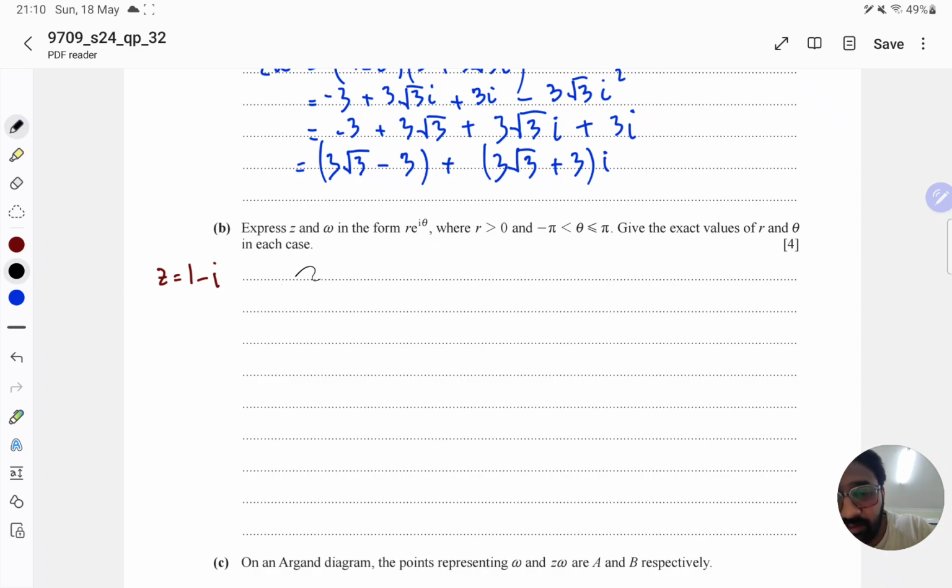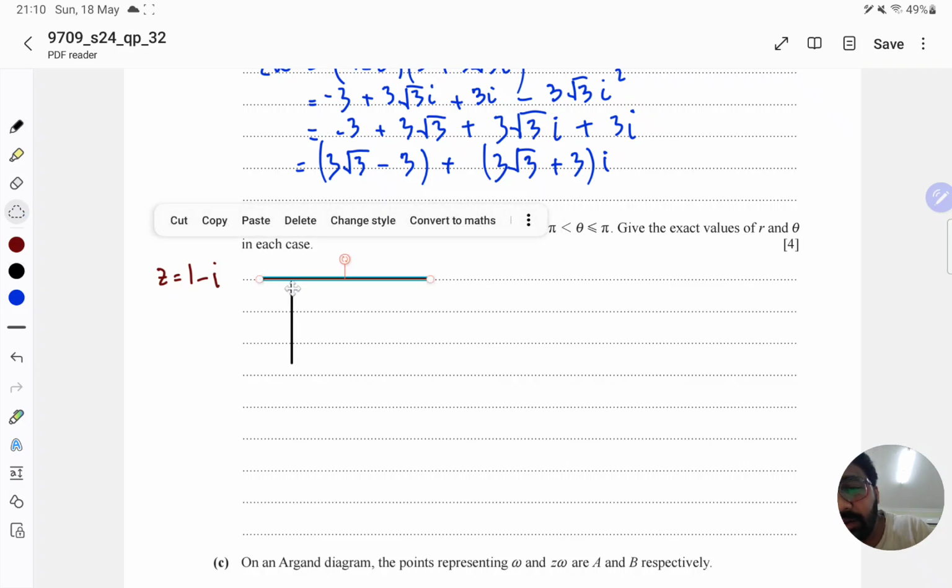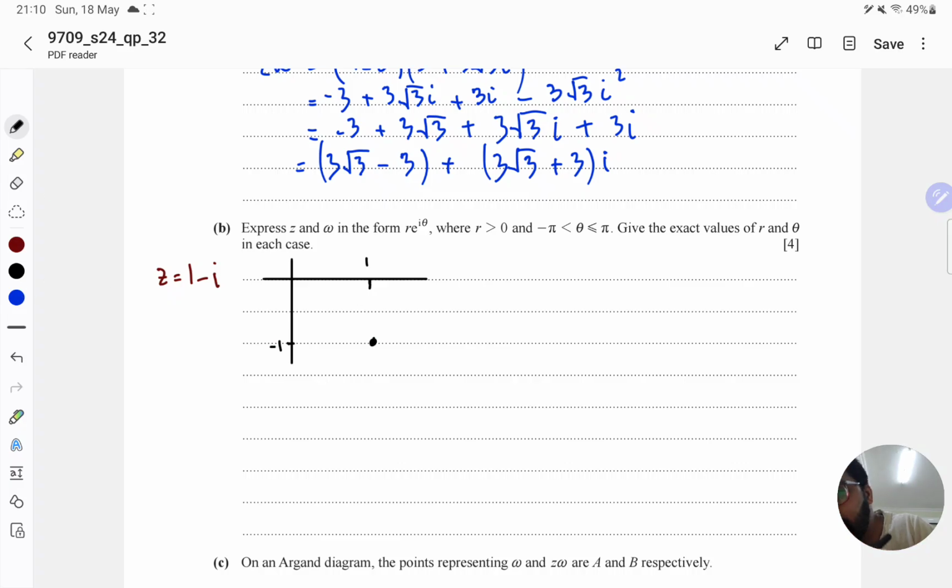Let me draw. The z is going to be in this quadrant, such that it is 1 and this is minus 1. This is going to be z, and this is going to be the angle theta.